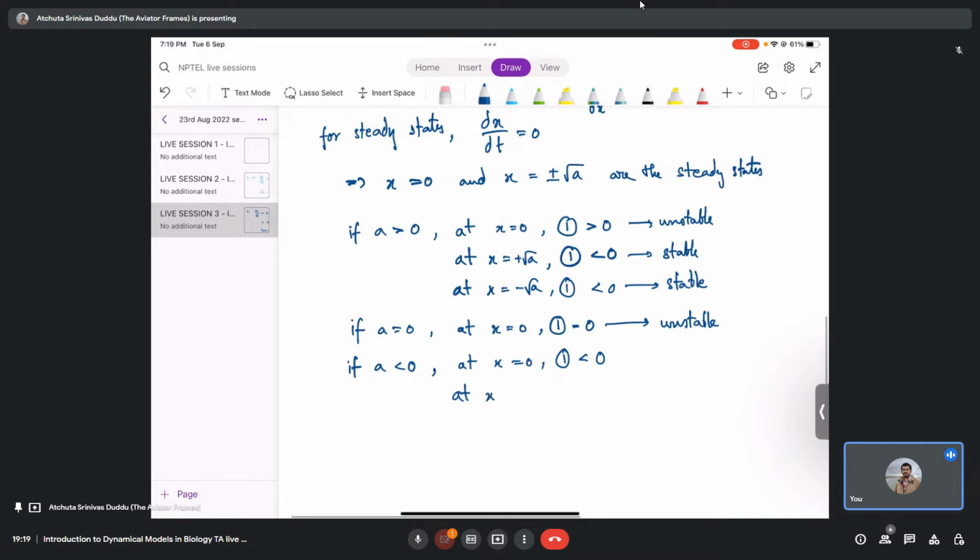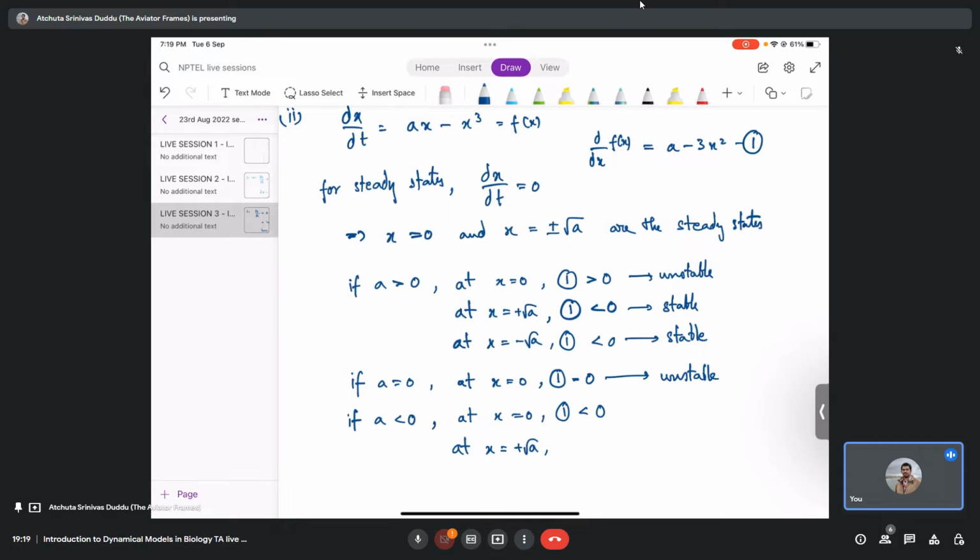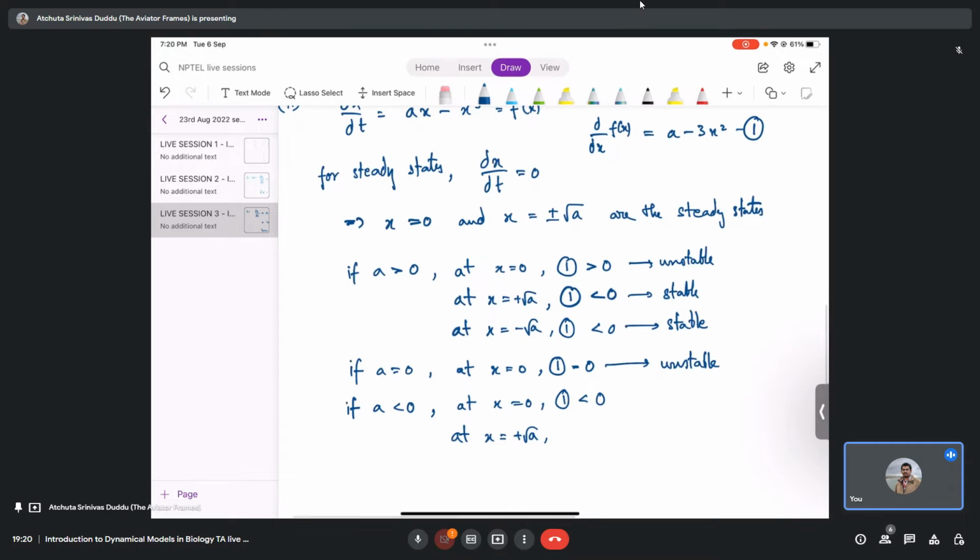At x equal to plus root a, plus root a whole square, so that will be minus 3 times negative, so again 1 is negative. At x equal to minus root a also 1 is negative. So that means all three are unstable.